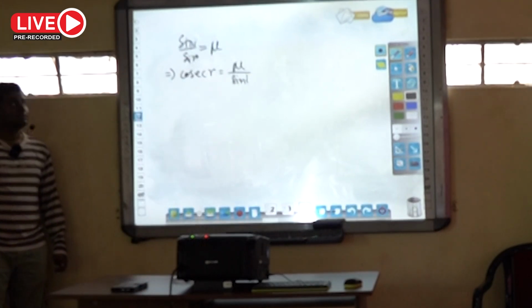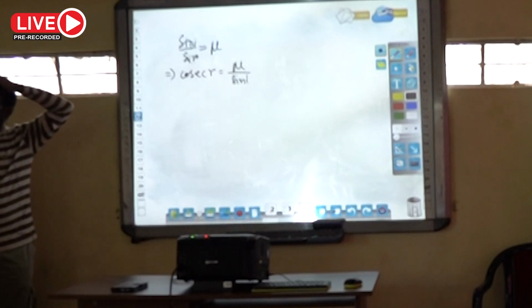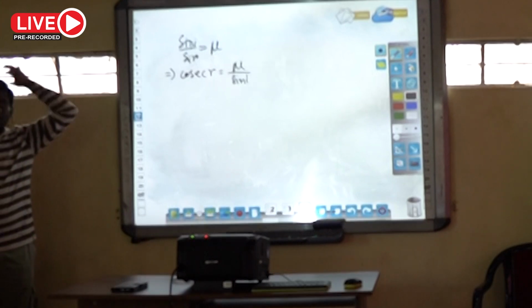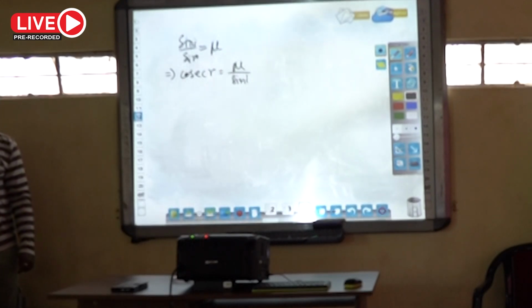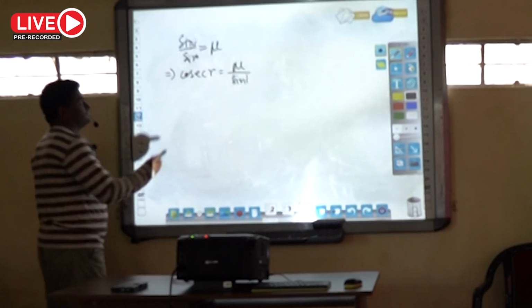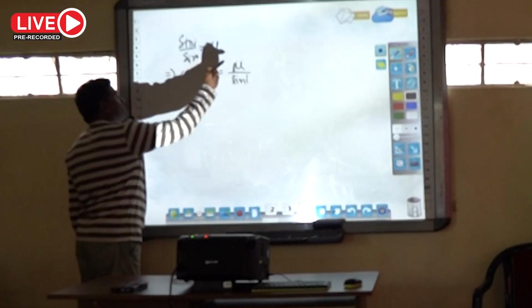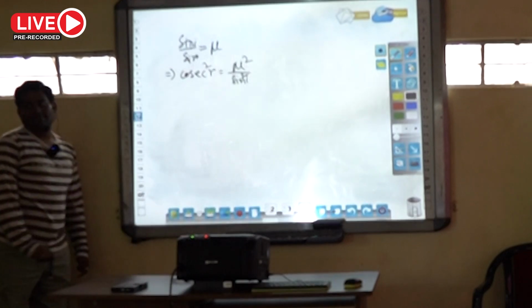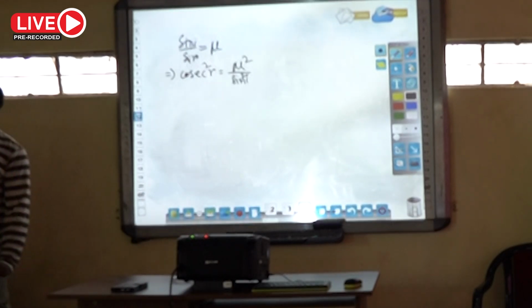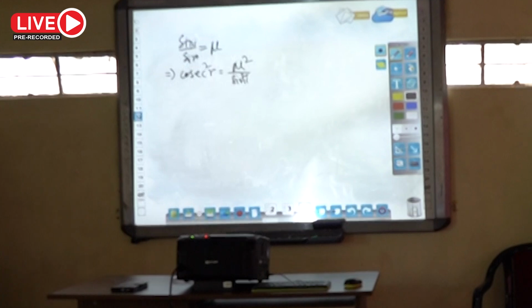Can I write 1 by sin r as cosec r? Cosec r equal to mu by sin I. Take a square on both sides. So cosec square r equal to mu square by sin square I.